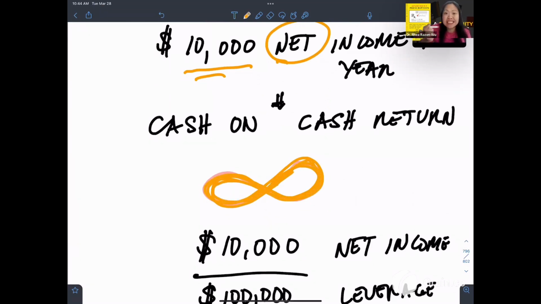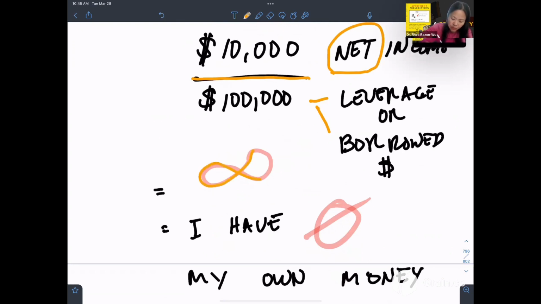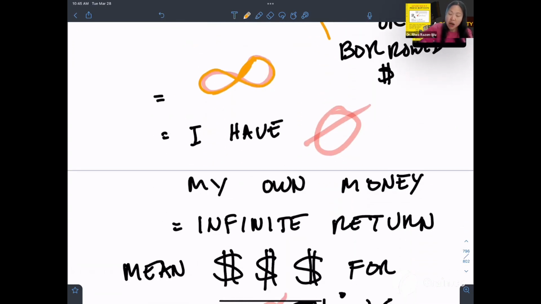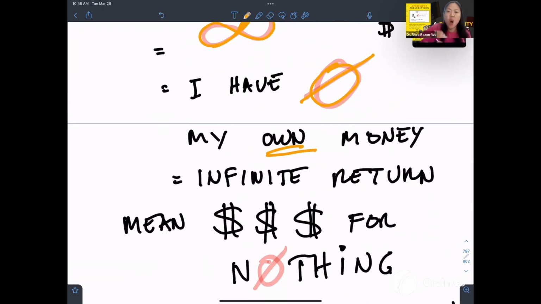Because now you're receiving the net income, and you have no money in the property. So again, the net income is 10,000 divided by 100,000 of leverage or borrowed money. Then this is what we get. Infinite return. Infinite means I have zero of my own money. Own, O-W-N, own.